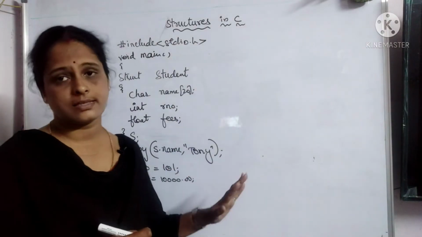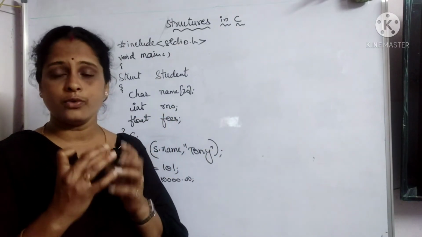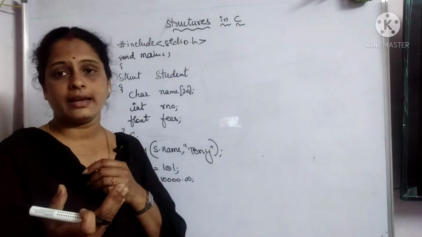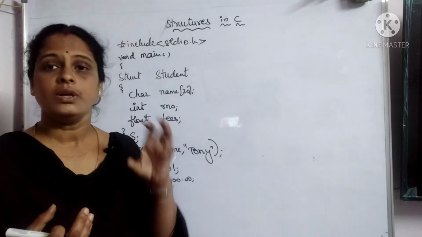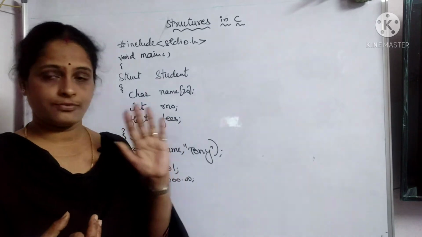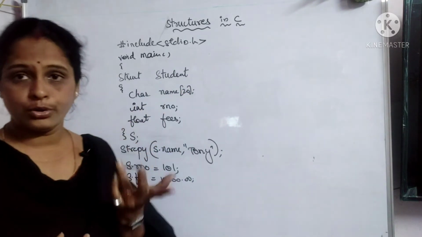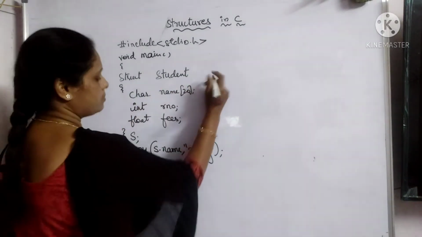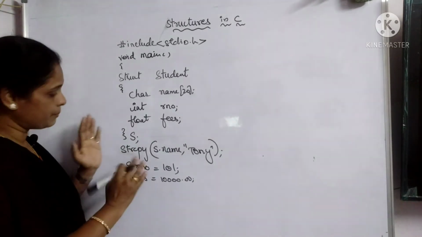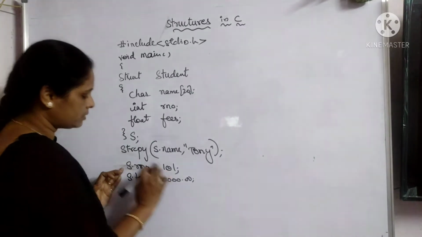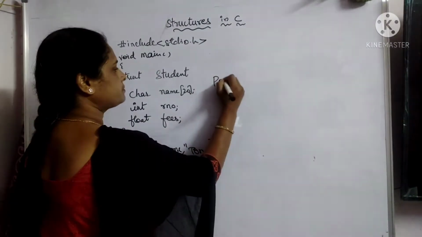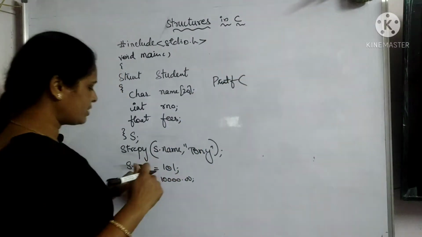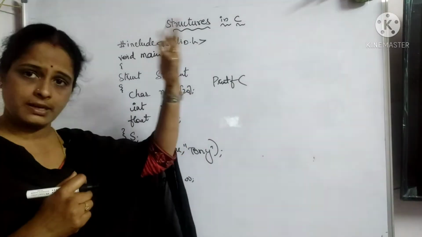You can initialize it here only, or if you want, you can even give the values at runtime. That means using the scanf statement also, you can give the values at runtime. How do you do that? Simple. Suppose you wanted to enter roll number at runtime. Instead of giving it like this, you are going to accept it at runtime.